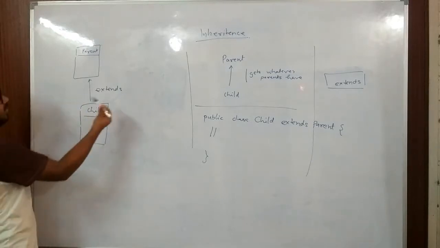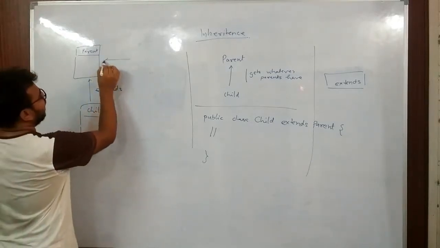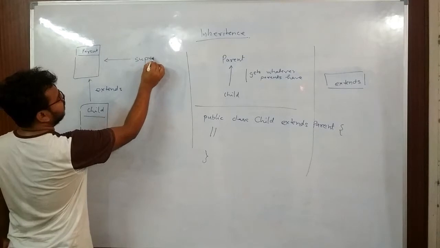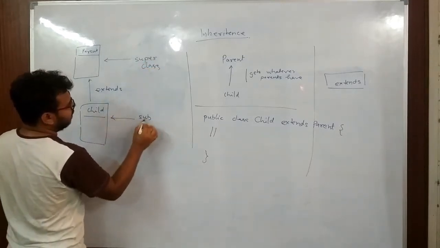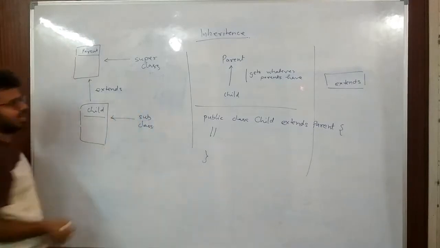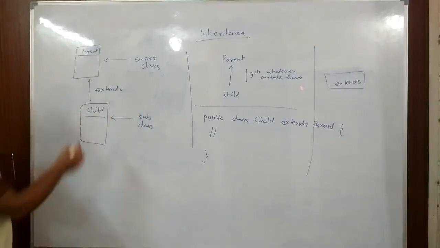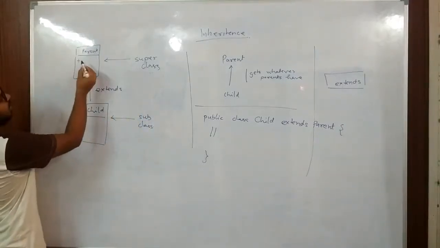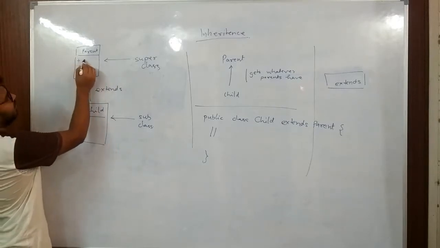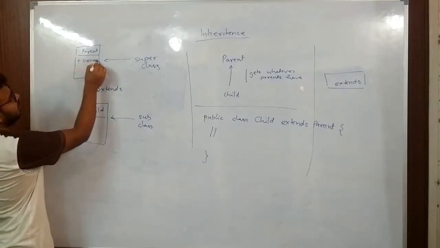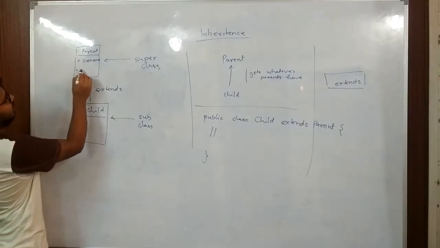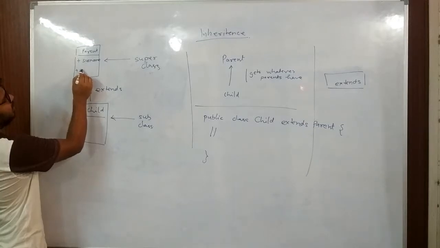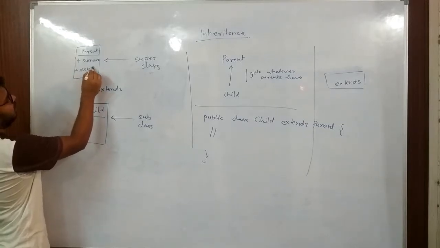So in this case, this parent is called the superclass, and this child is called the subclass. Suppose in this case the parent has an instance variable surname, and a method assign property.